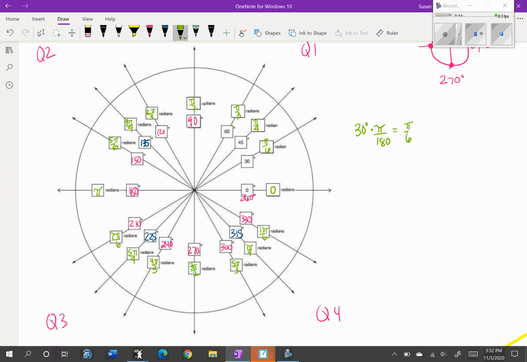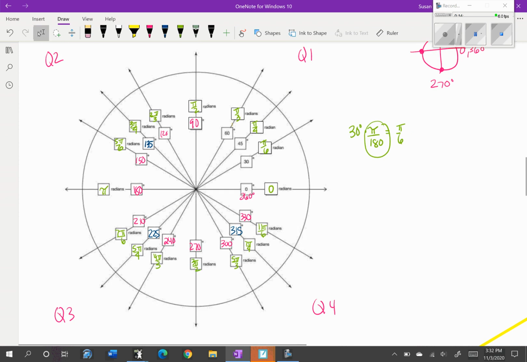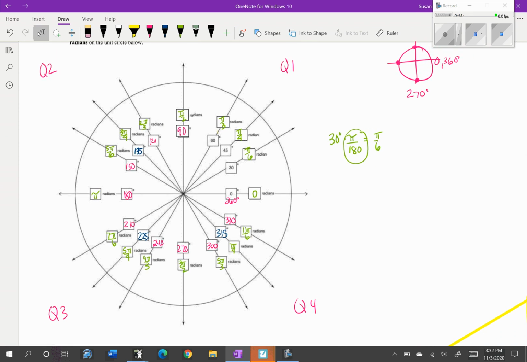And again, we were just using the conversion where you multiply by pi over 180 for that. So that gives us values on what we call our unit circle, which we actually have a lesson on, so we'll talk about that later.